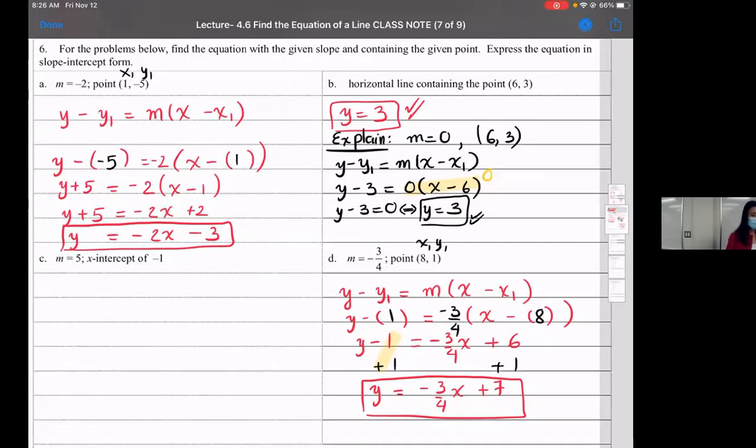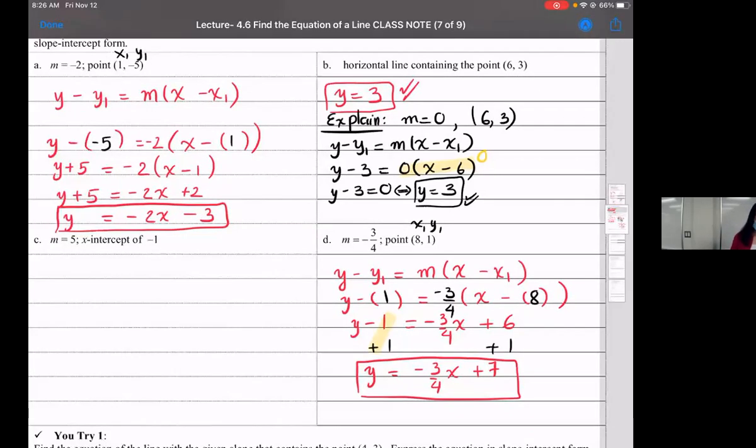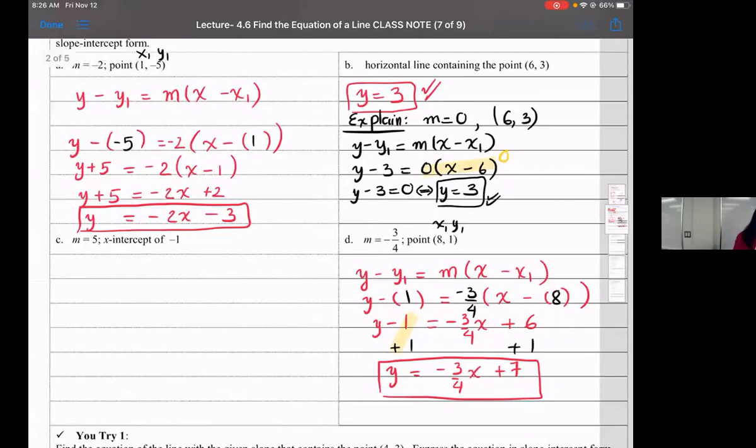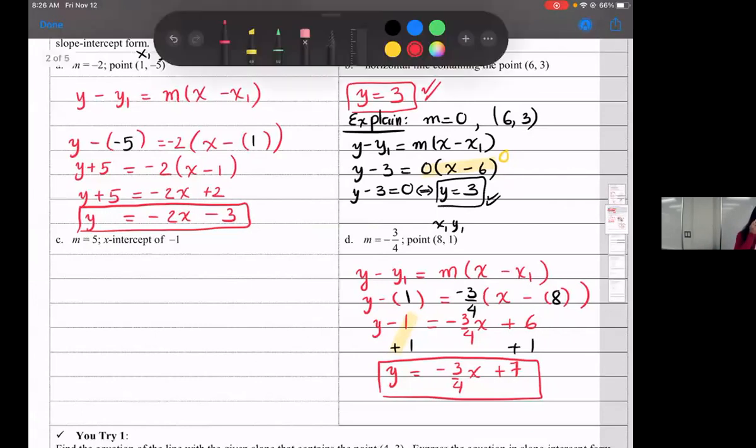The slope is 5, problem C now, and the x-intercept is -1. Can someone tell me the ordered pair of the x-intercept here? Yeah, thank you. -1, 0. So that's your point, right?